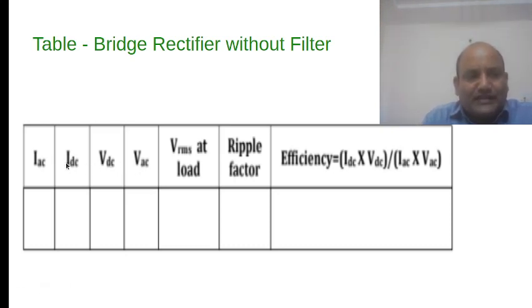By changing AC and DC you can measure both IAC and VDC. Note that you should not change the position of the ammeter and voltmeter. One is reading IAC, IDC, another one is reading VDC, VAC.